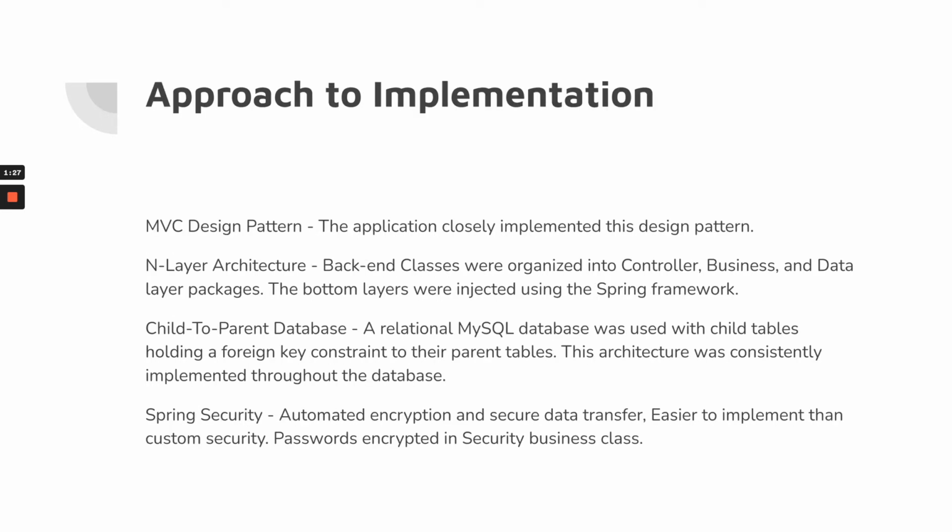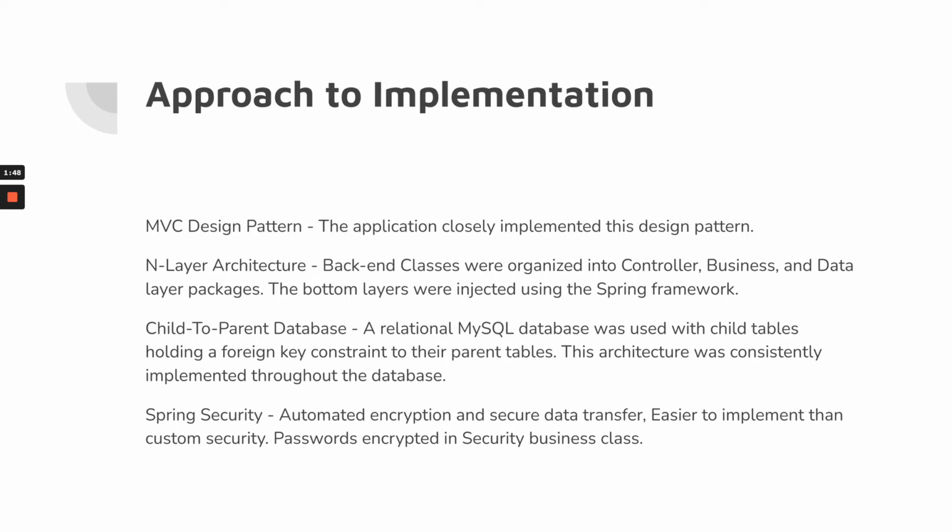All right, so to implement this application, we used an MVC design pattern, so model view controller, with the Thymeleaf pages, models created in Java, and controllers also created in Java. We have N-layer architecture to enforce separation of concerns. We have business, data, and presentation layers.